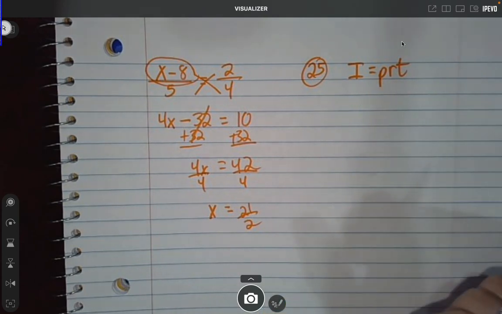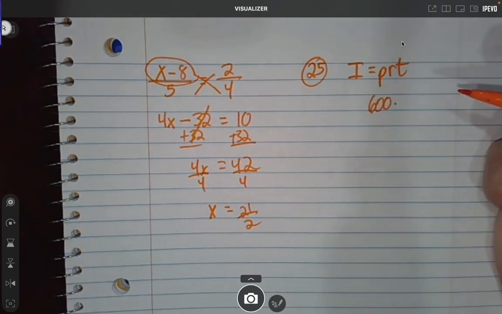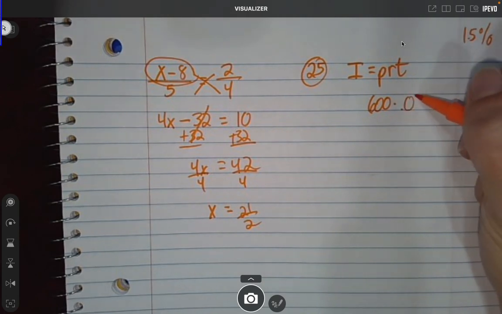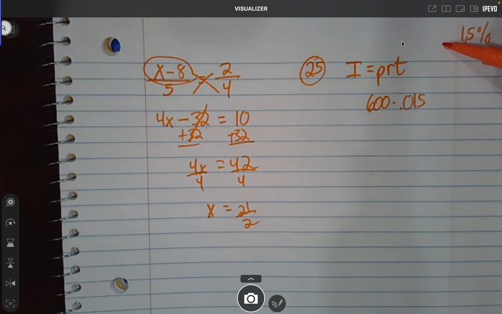So on 25, what's your principal? What's your starting amount? $600. What's your rate? 1.5%. So what does it change to? 0.015, because here's my decimal right here, and I have to move it twice. So there's a 0 in front of it, 0.015.